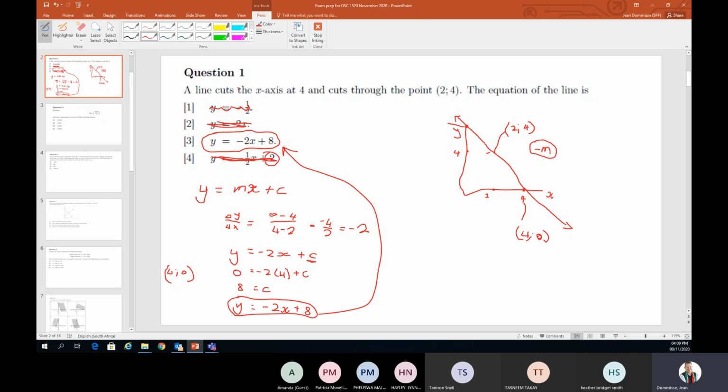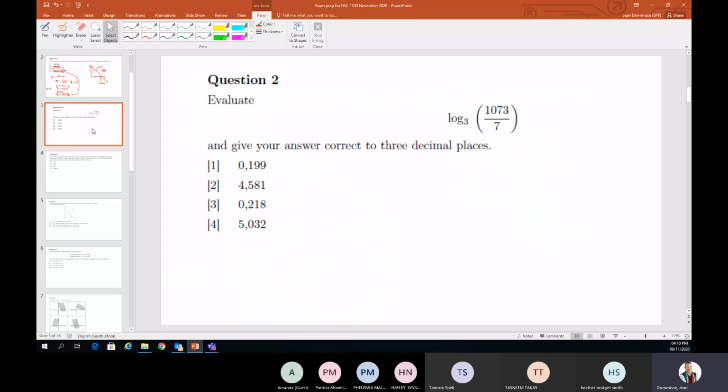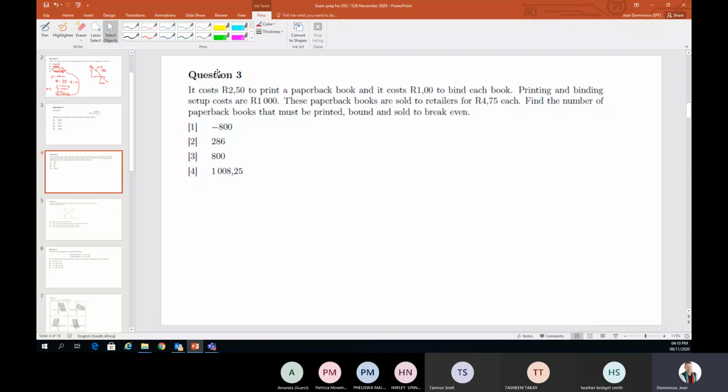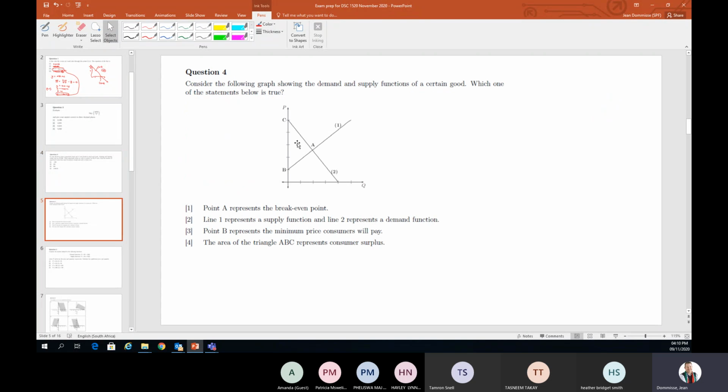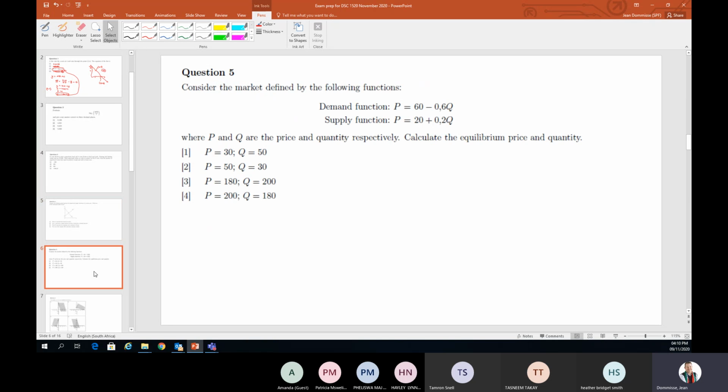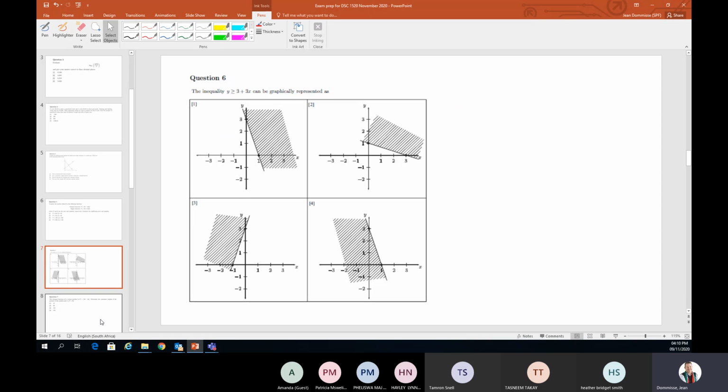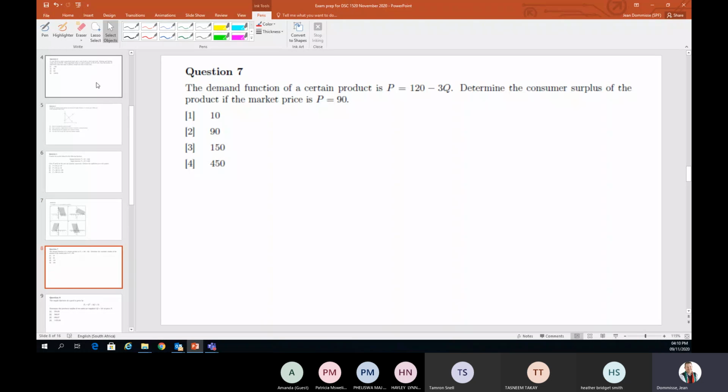Because if it was from the beginning to the end, then you nearly know where everything is sitting in the exam paper. So you would suddenly see we've done this, and then the second question is a log question, and then we get something different that we need to work out, and then it's a demand function, and then another demand, and then we go into linear inequalities, and then suddenly something different.